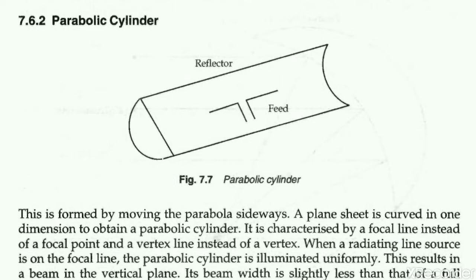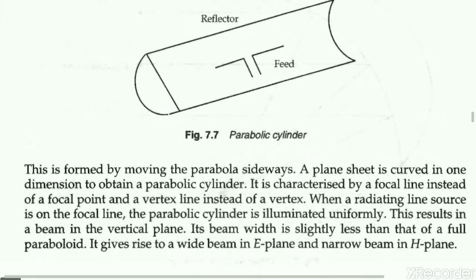But in the case of the parabolic cylinder, there are some changes, that is, a focal line is used instead of a focal point, and it is also characterized by a vertex line instead of a vertex point. So let's move to the next description. When a radiating line source is on the focal line, the parabolic cylinder is illuminated uniformly.